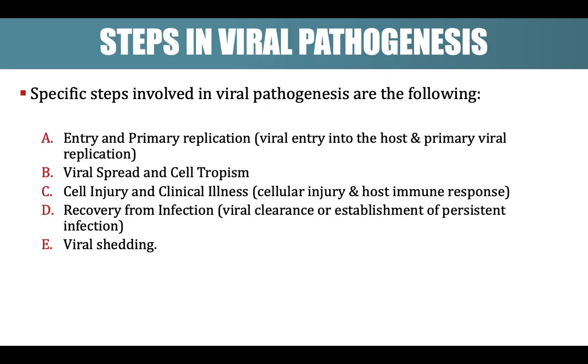Now we need to move to the steps in viral pathogenesis. The specific steps involved in viral pathogenesis are, we've got 5 steps here. The first one, the virus will try to enter and primary replication will take place. The second one, viral spread and cell tropism will occur. The third one, cell injury and clinical illness will be shown.